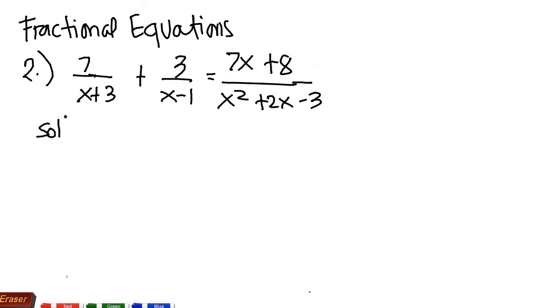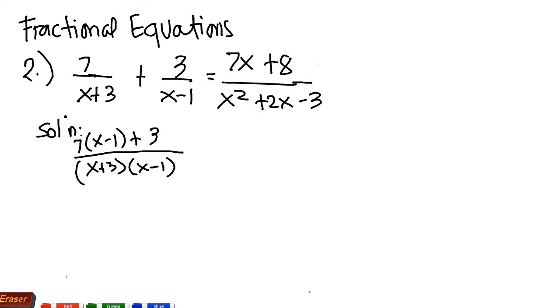Solving this one, first we're going to get the denominator of the two terms on the left side: x plus 3 times x minus 1. Again, we divide. So x plus 3 is cancelled, and what remains is x minus 1. Plus 3, x minus 1 is cancelled, and what remains is x plus 3.